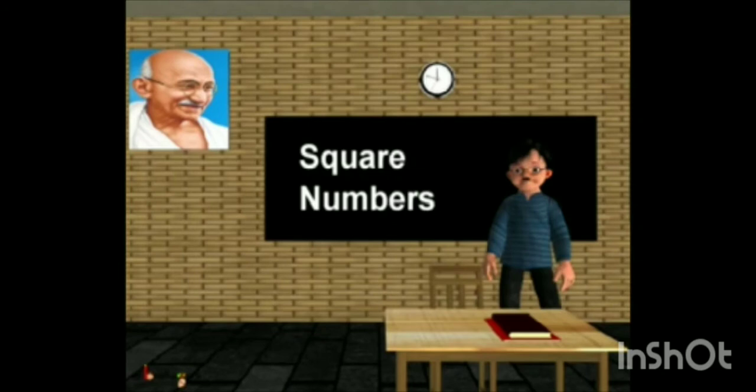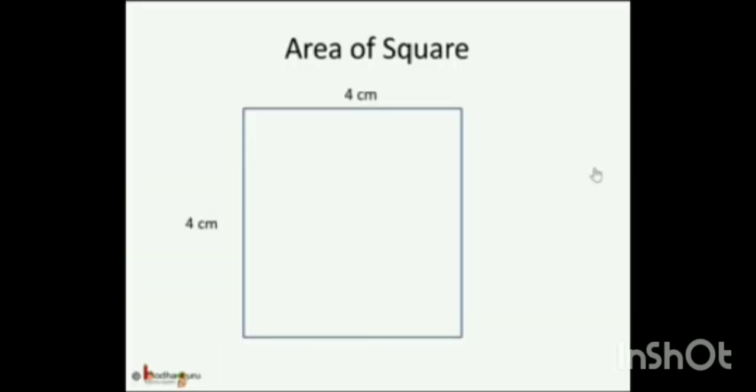In this video, we are going to learn what are square numbers. We all know what is an area of a square, right? So here is a square where each side is 4 centimeter long. So what would be its area?